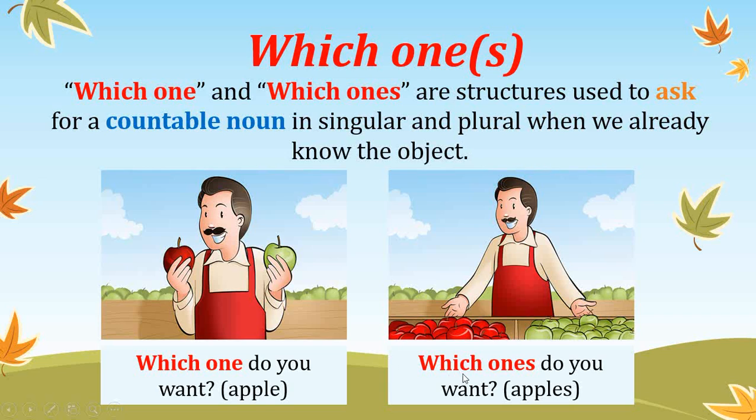But in this case, we are speaking about apples in plural. That's why we use ones with the S at the end. Which ones? The red apples or the green apples? And you already know that they are apples because you are seeing them.